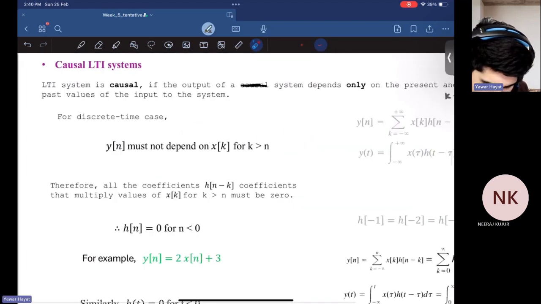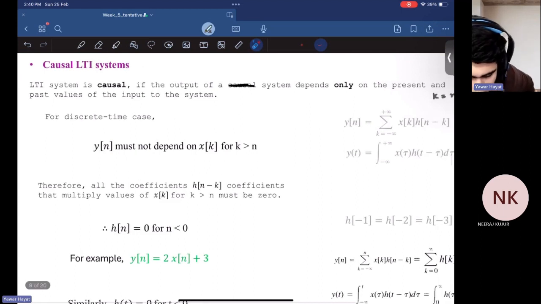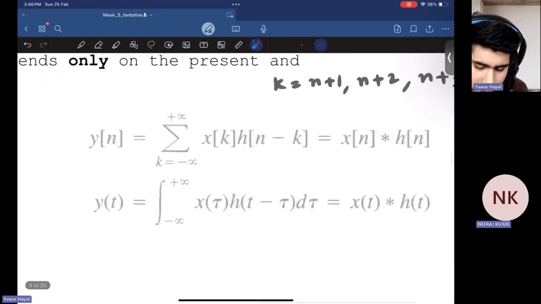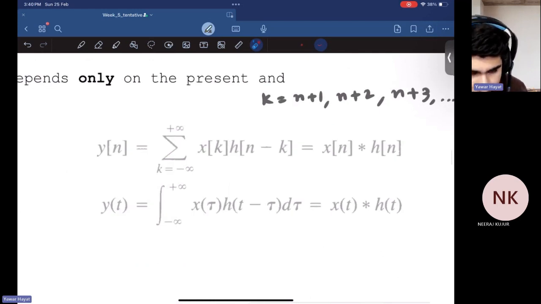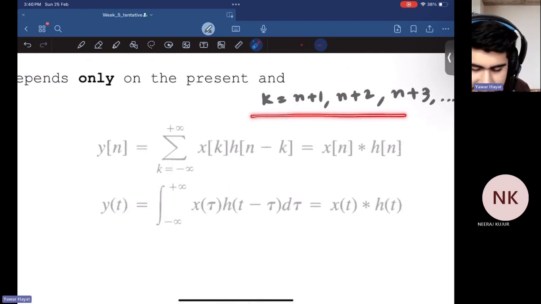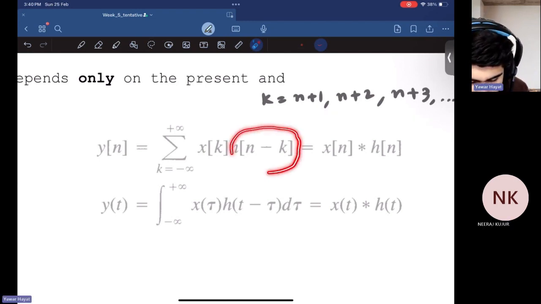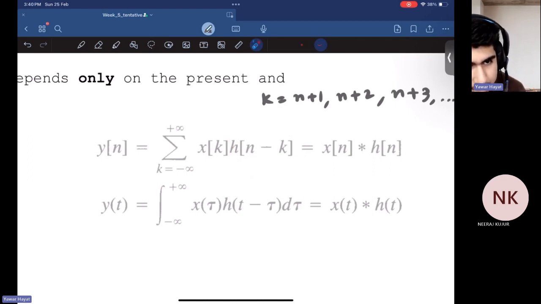So the idea is the coefficients of these h of n minus k that multiply the values of x of k must be 0. It is quite possible that x of n would exist at these points. So the only way to make them 0 would be to make these coefficients 0. Because the impulse response you can think of as a control.